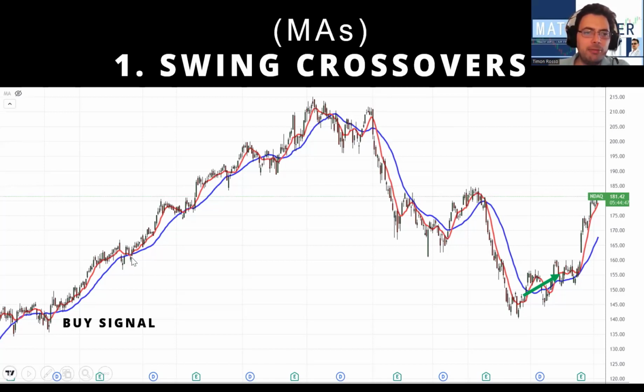Some people say that if the line is touching the moving average, I'm going to remain in my position, because it might be a short-term retracement, and then it's going to continue up, which it did. So you hold on to your position while it's touching the moving average.